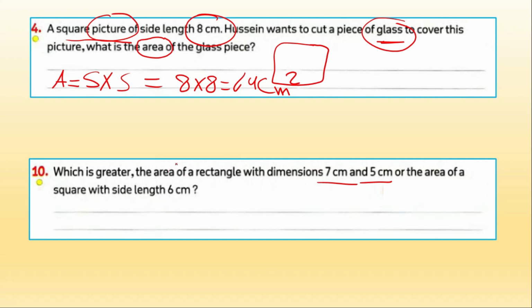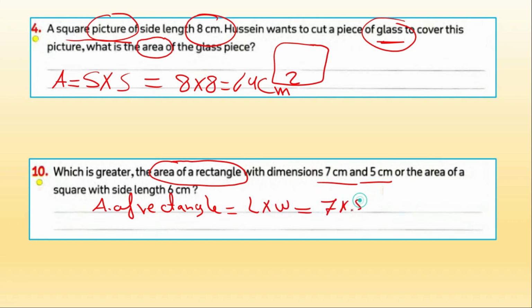The first, area of the rectangle, equals length times the width equals 7 times 5 equals 35 centimeter squared.